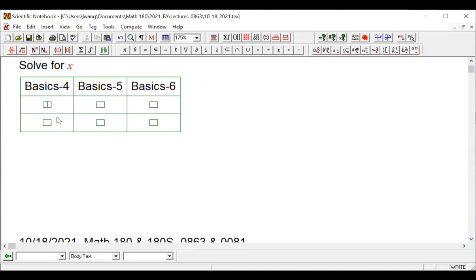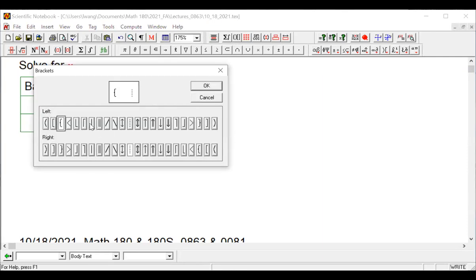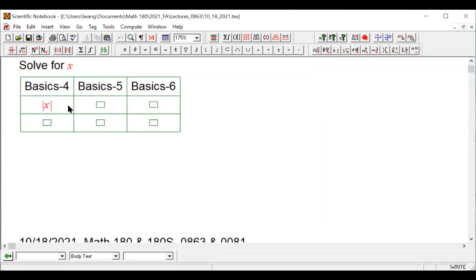Pick the questions on number 4: the absolute value of X equals 3. The other one, basic 5, is the absolute value of X less than 3. And this other one is the absolute value of X greater than 3.